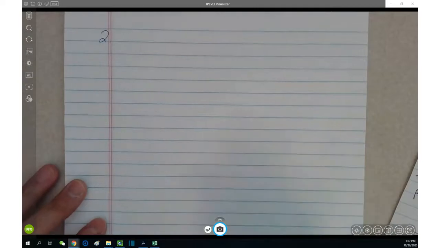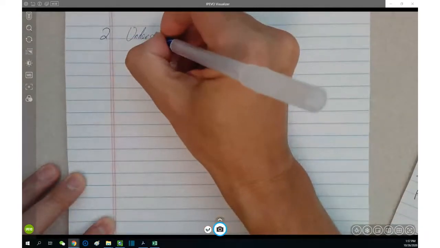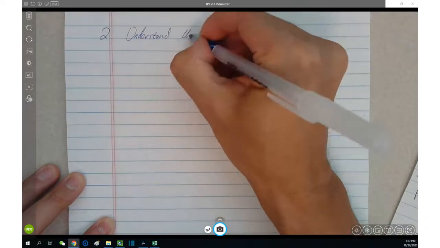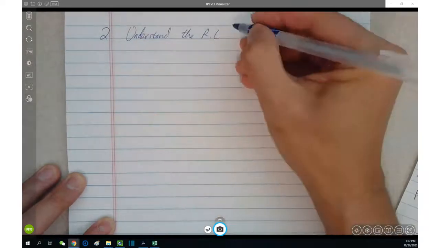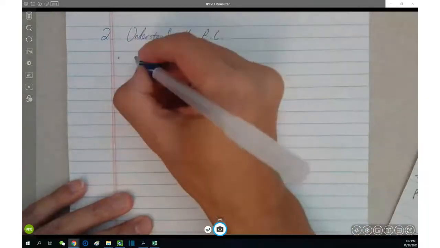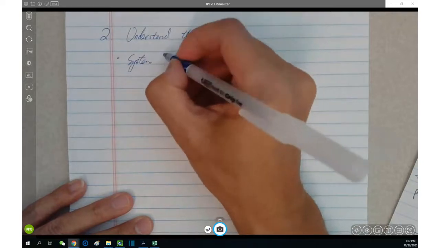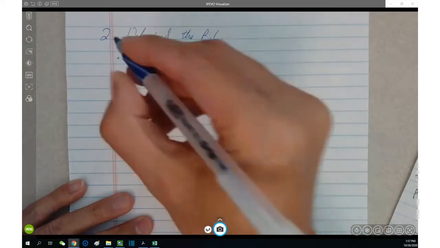We talked about system stability. And next, let's try to understand the root locus a little bit more. First, let's have two specific systems.